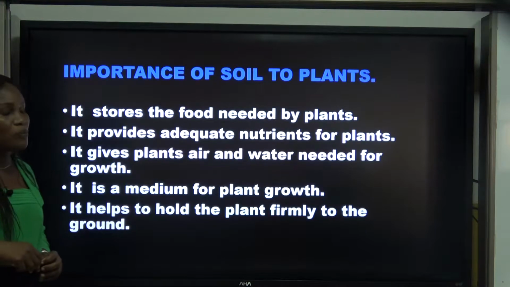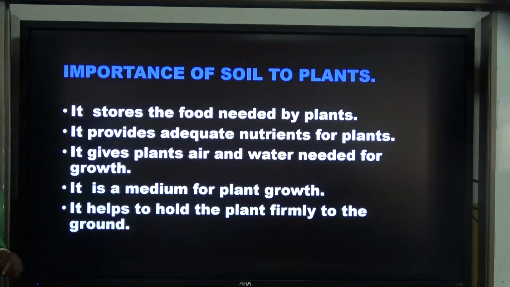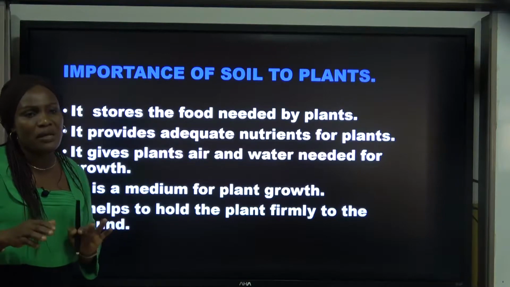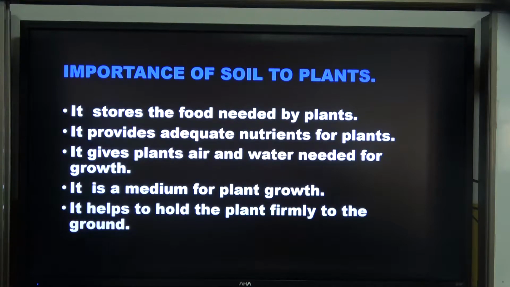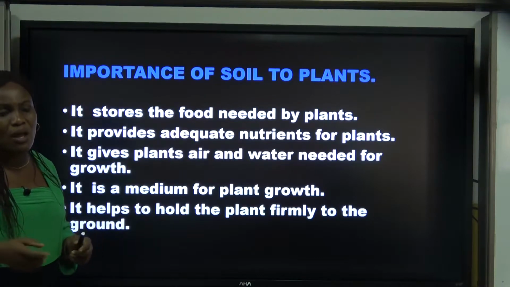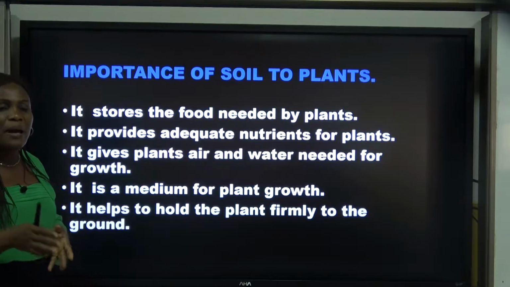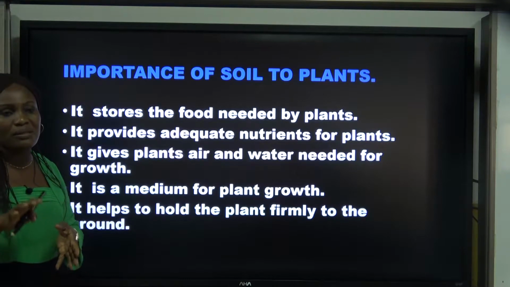Importance of soil to plants. There are so many importance of soil to plants. Number one, it stores the food needed by plants. All the food needed by plants, it stores them.